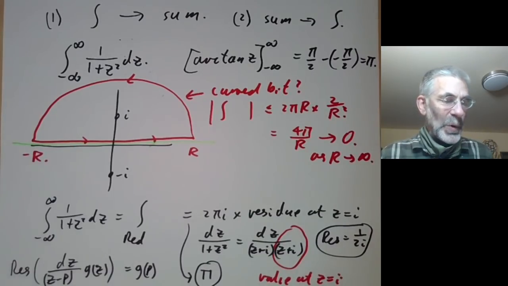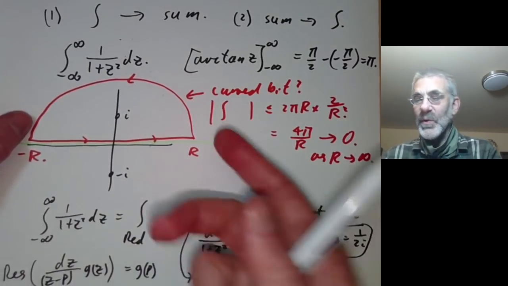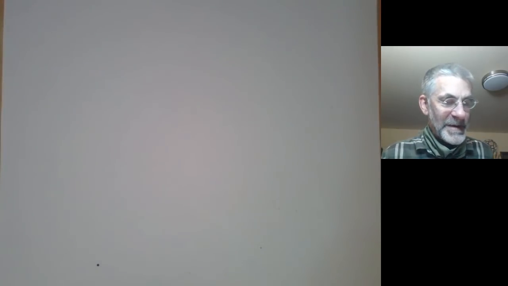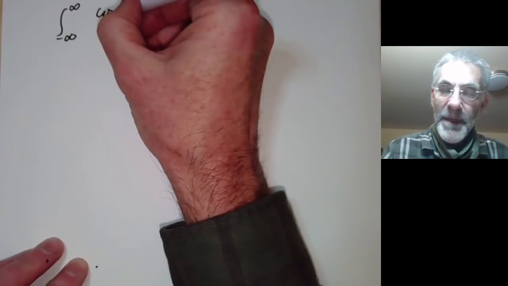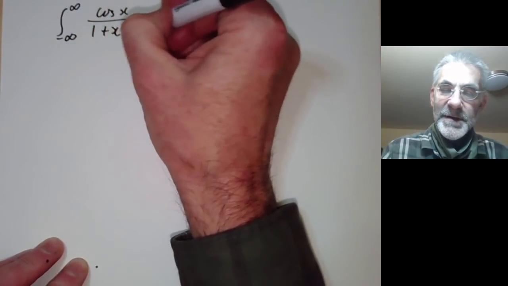Well, if that was all you could do with the residue calculus, it would be really unimpressive, since it's just a rather fancy way of doing something we can do very easily anyway. So let's try a slightly different example. This time I'm going to ask for the integral from minus infinity to infinity of cosine of x over 1 plus x squared dx.